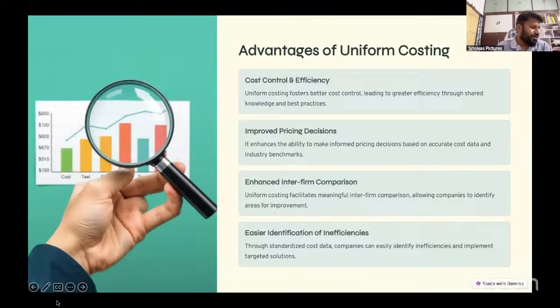There are also more advantages to individual units or undertakings, participating units, trade associations, government, trade bodies, and consumers.